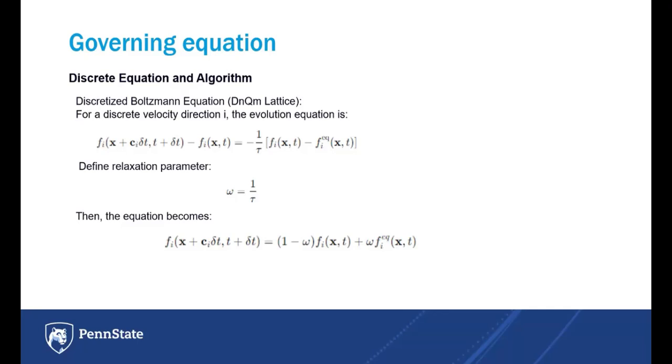This equation underpins the entire LBM algorithm, which runs in 4 simple steps: collide, stream, apply boundary conditions, and update the macroscopic variables like density and velocity. This combination of local computation and simple transport makes LBM highly parallelizable and efficient for simulating fluid flows.